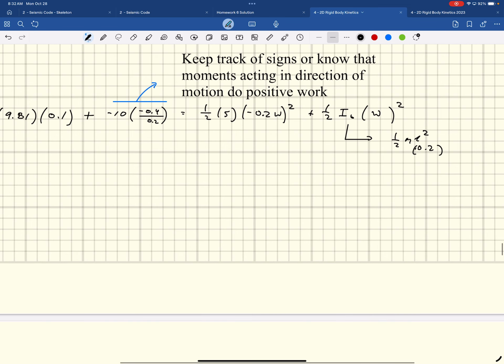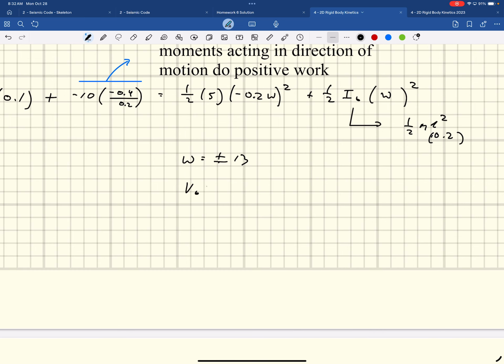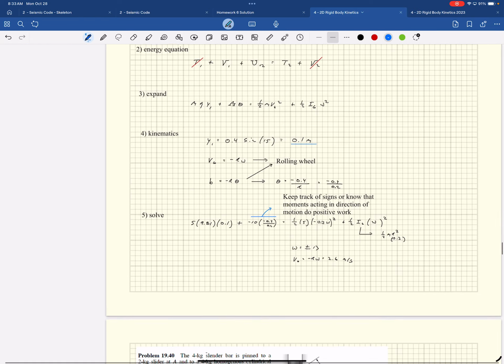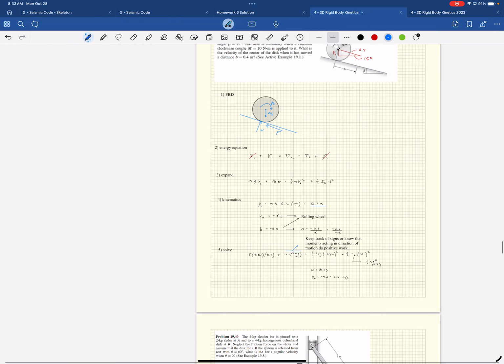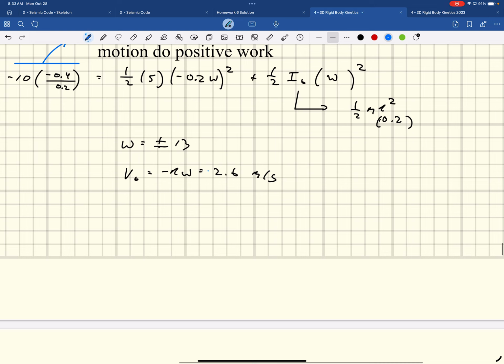And what I got was omega equal to plus or minus 13. And then my Vg is equal to negative R times omega, which is equal to 2.6 meters per second. Right? And it should be negative is what my answer should be.